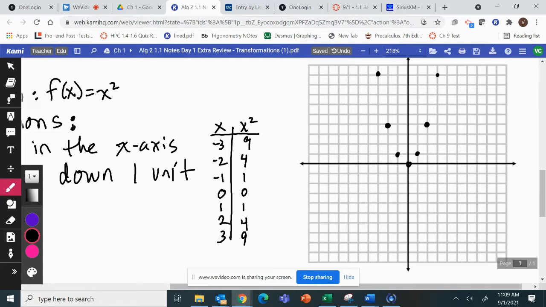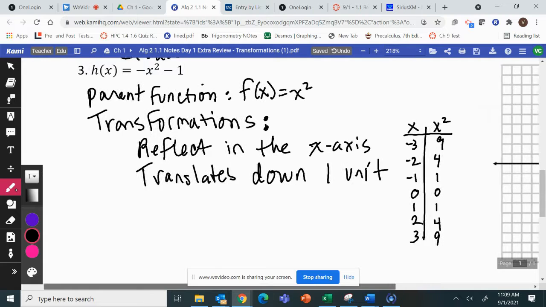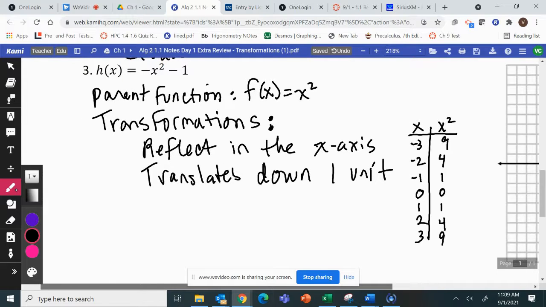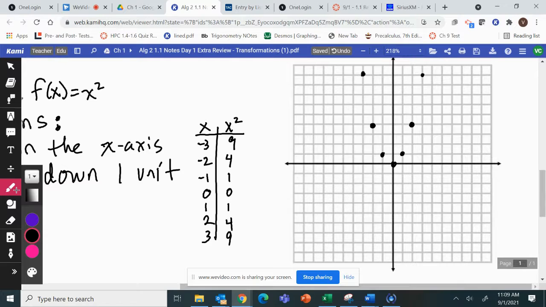Okay, so this has a reflect and then move it down 1. I can kind of sketch this on here, but can you guys imagine these dots reflecting first? So just flip it down.